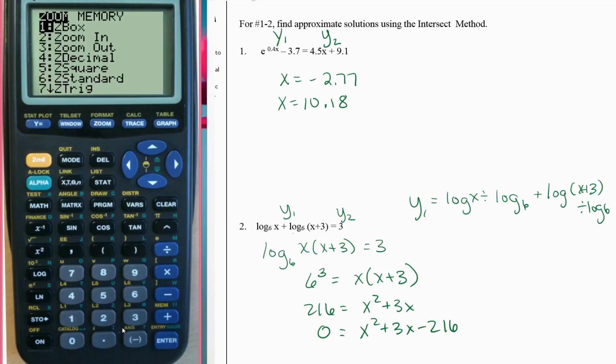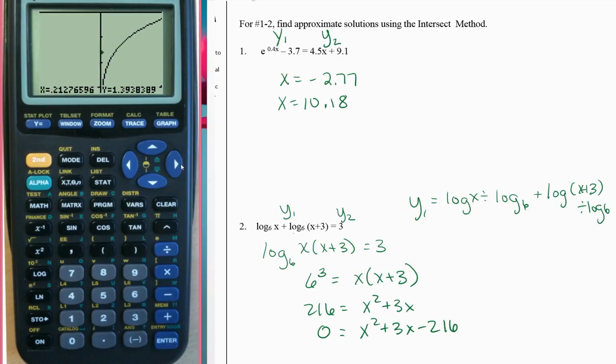So we're going to hit zoom out. I'm going to move the cursor up by where we want, because what we want is this intersection point. So I'm going to hit enter so it zooms out. There's my logarithmic equation, there's our line, and now we see where it's intersecting.